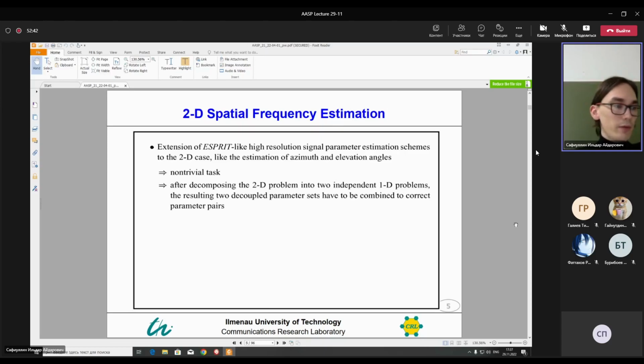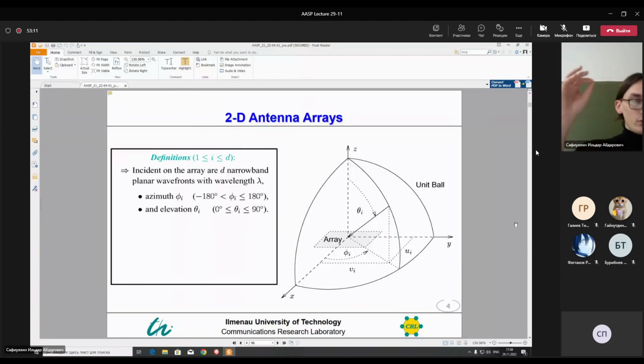And here we can say that when we go to these multi-dimensional tasks, it is a non-trivial task, and we need to have this combination with correct parameter pairs, which means the pairs between the elevation and azimuth angles.